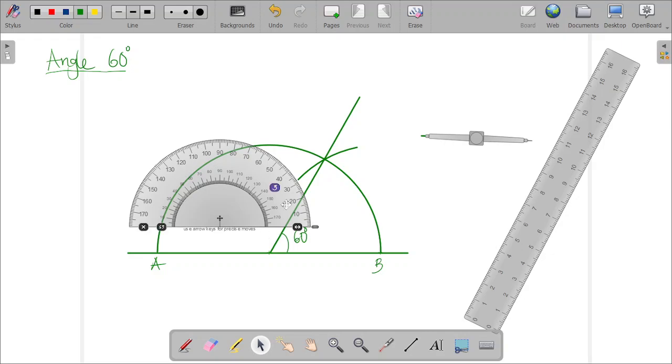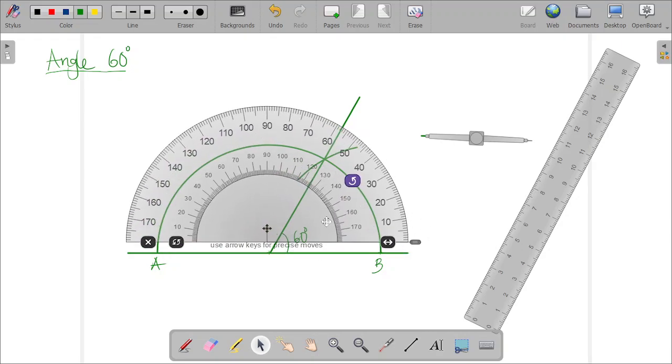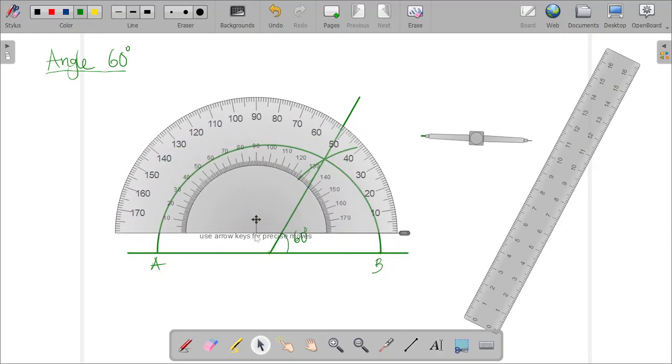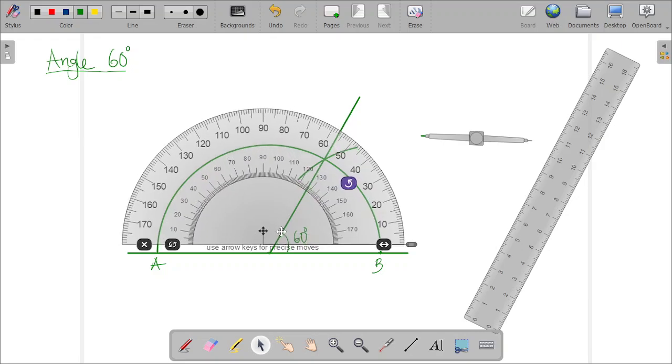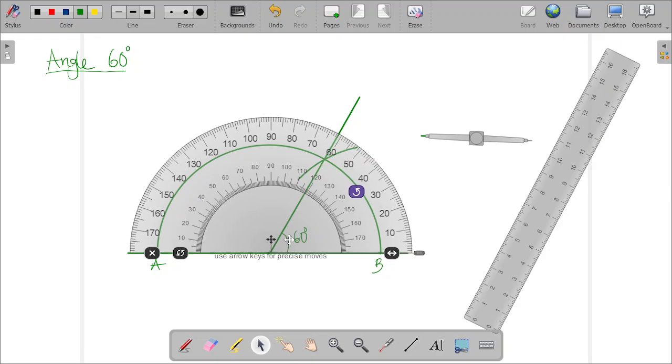When I place my protractor like this, make sure you place this point here on the center of that circle. Make sure it is precise, just like so.